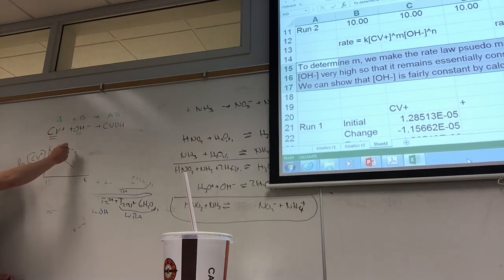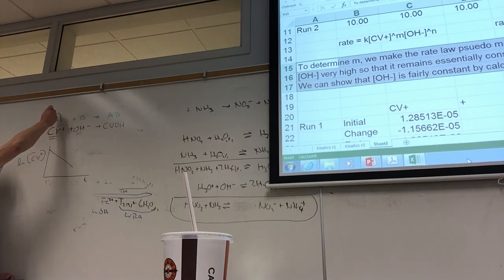If both change, both will have an impact on the rate, which means you don't know. If it's first order overall, is it zero order in A and first order in B? If it's zero order in A and first order in B, then the plot's still going to come out linear because A's got to react along with B.